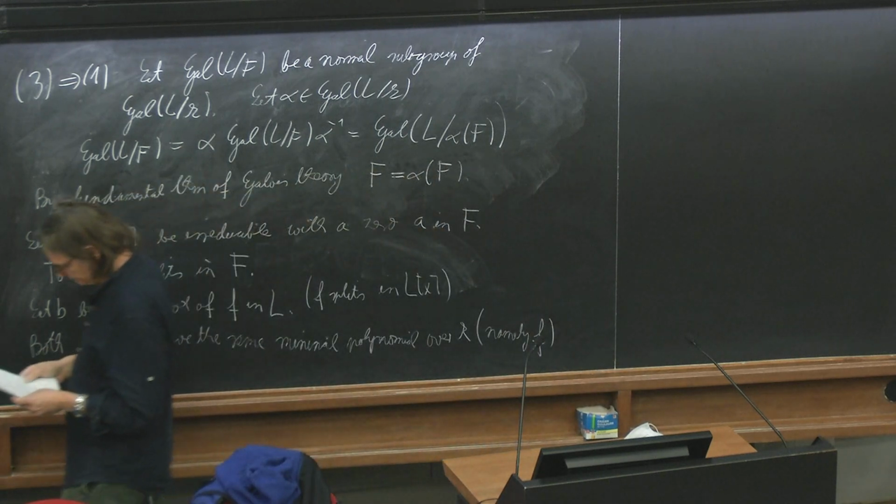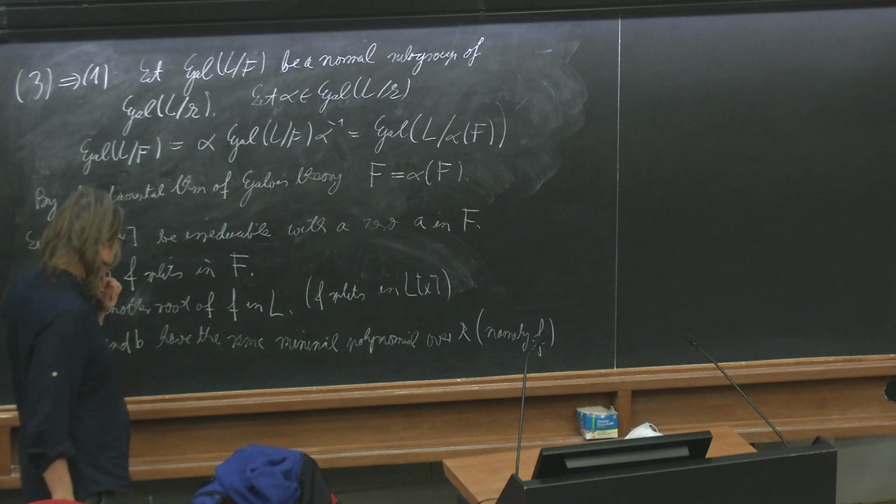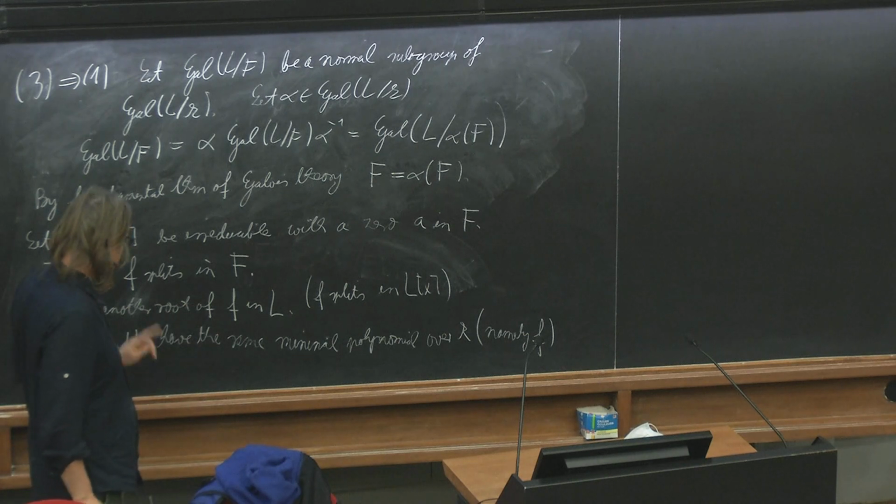So therefore, we know if two elements in the larger field have the same minimal polynomial, there exists an element in the Galois group which sends one to the other.